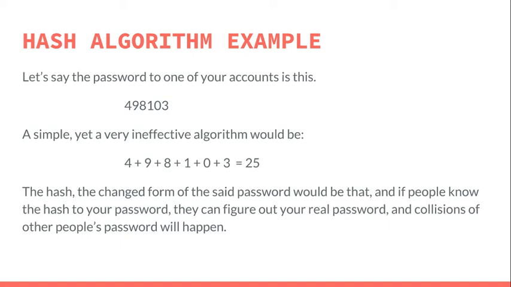And when that happens, you and that person with the same hash code will have a hash collision. So if others can know your hash code, and you can know theirs because you have the same hash code, they can figure out your real password and collisions will happen.